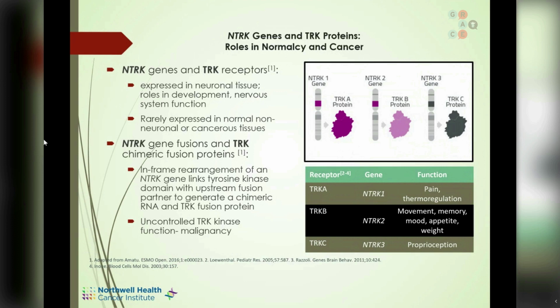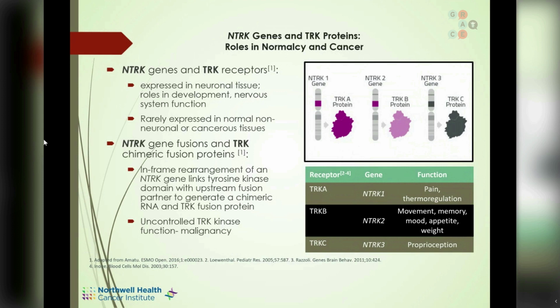They are on different chromosomes, and they're not close to each other. They result in manufacture of proteins called TRKA, TRKB, and TRKC. And as I said, they are important in normal tissues.